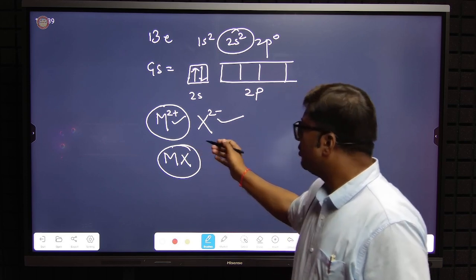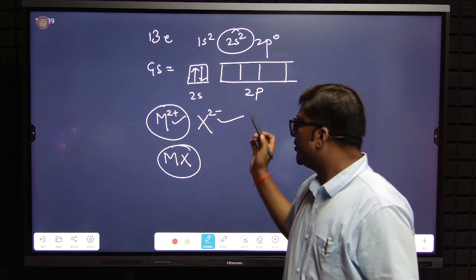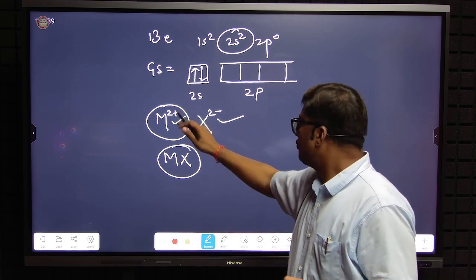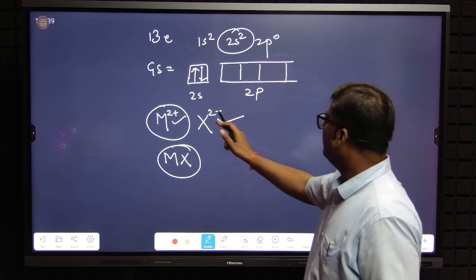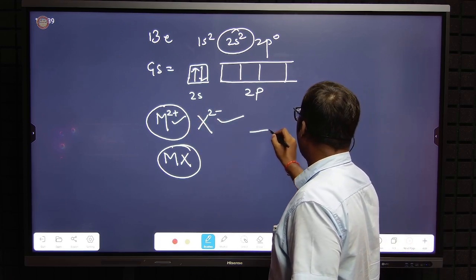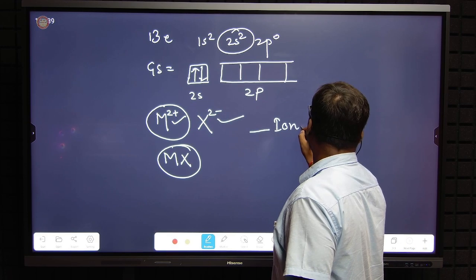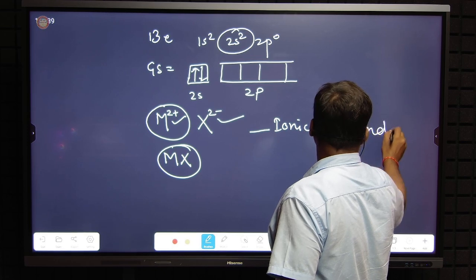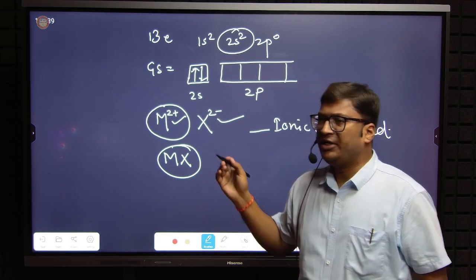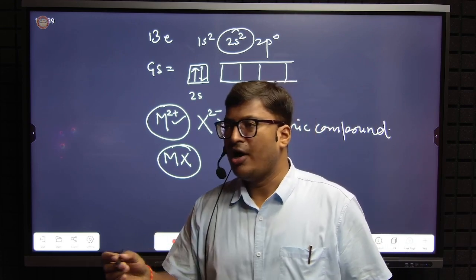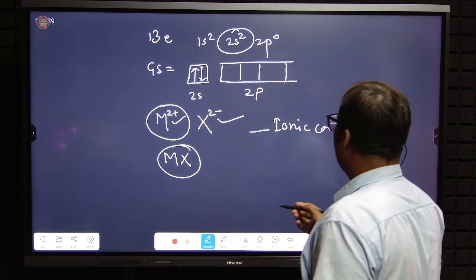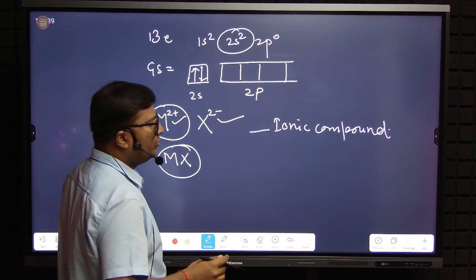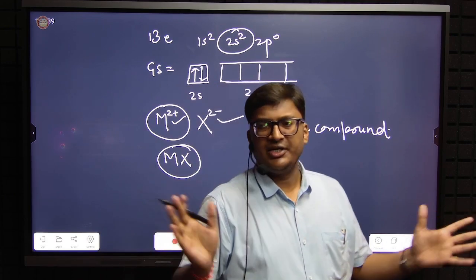Because of the electrostatic interactions between these two species, they form ionic compounds. So all these metals form ionic compounds which contain M2+ and a negative species as X2-.